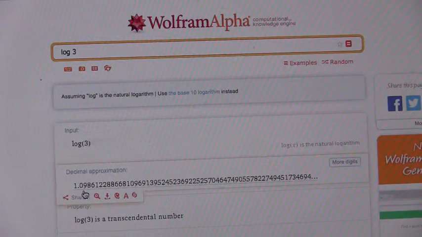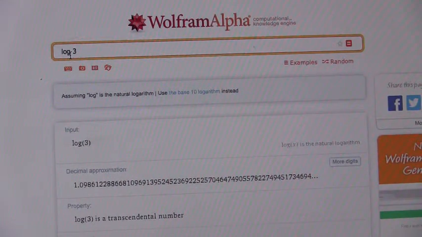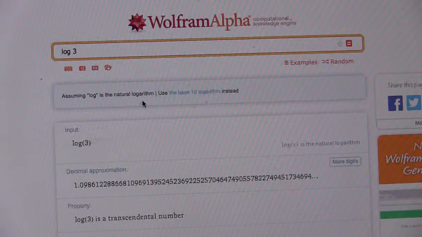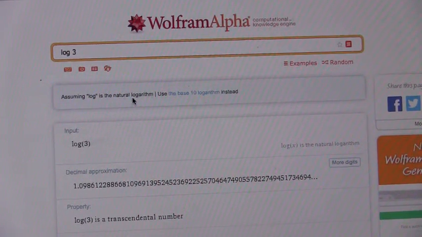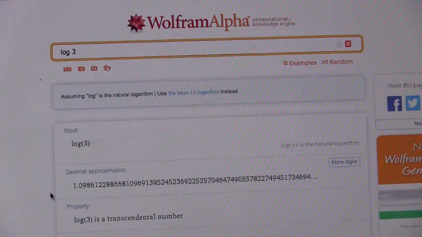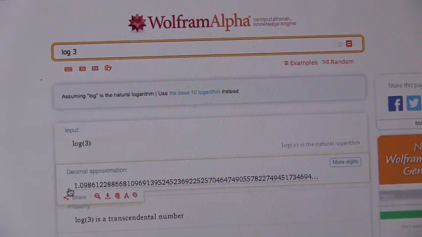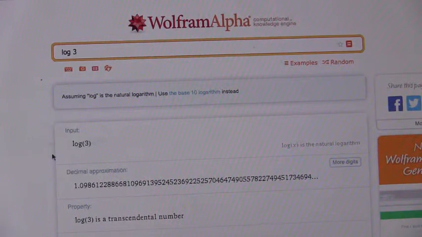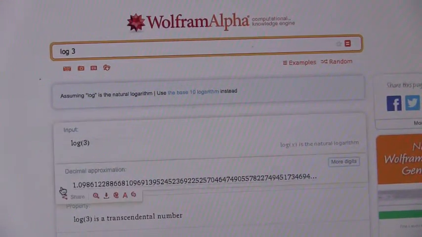Bigger than 1. Okay, so we know this isn't defaulting to base 10. It actually says assuming log is the natural logarithm. Oh, okay, there you go. So it defaults to that, and it nicely tells you that. But we would have known already that this wasn't base 10 because 10 to the 1 is bigger than 3. Right? We round up for the number of digits when it's base 10, and we know 3 does not have 2 digits.